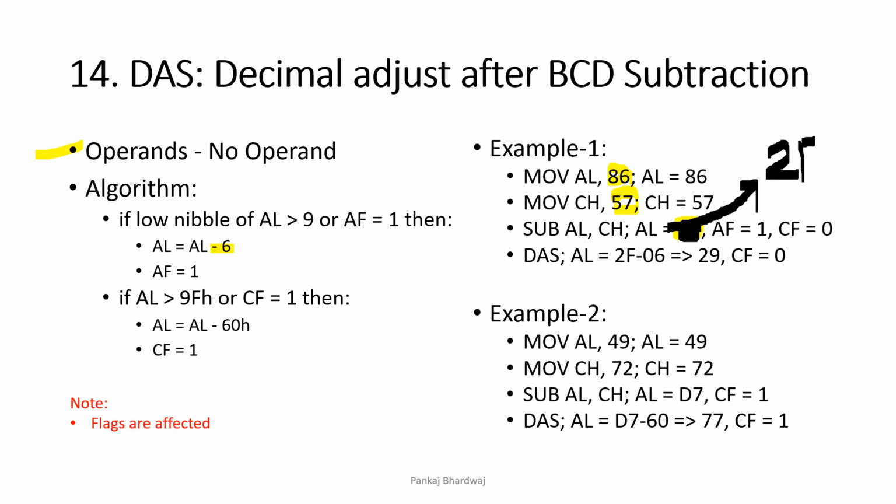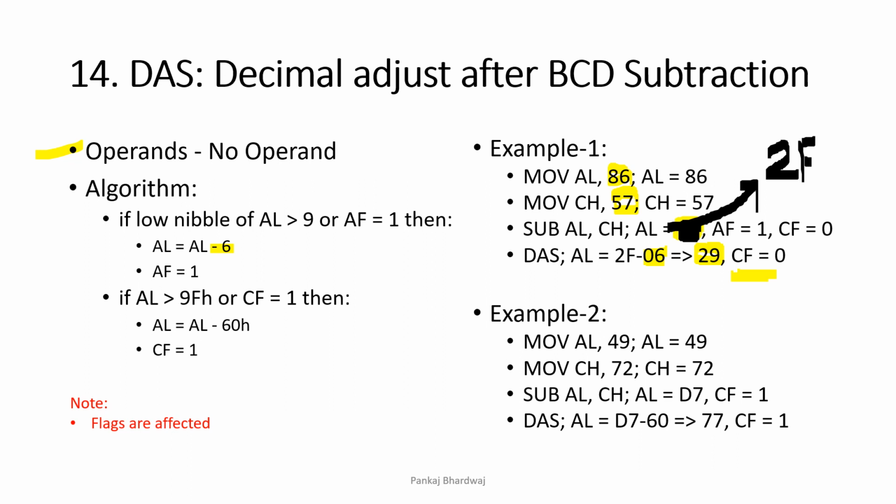So this is not a complete BCD number. Auxiliary flag is 1, so we need to subtract 6, because F is greater than 9. So 2F minus 6, that means 29. 29 will be the answer, and carry flag in this case is 0.